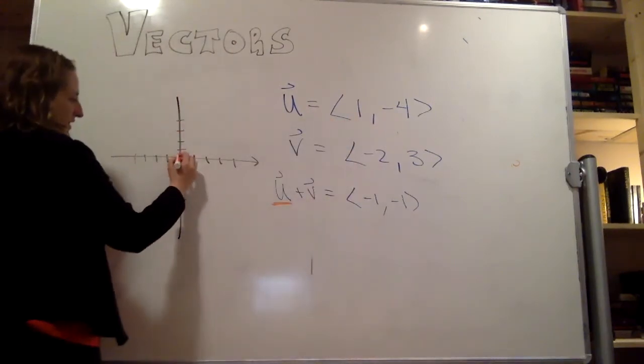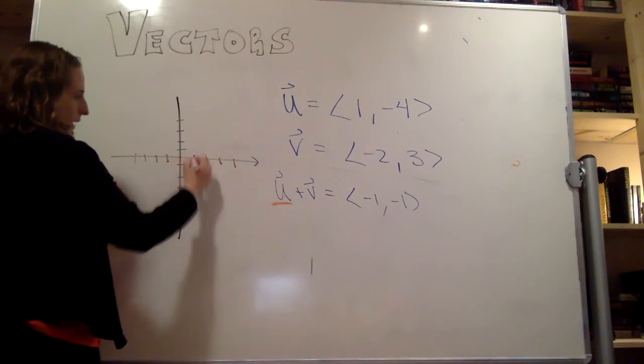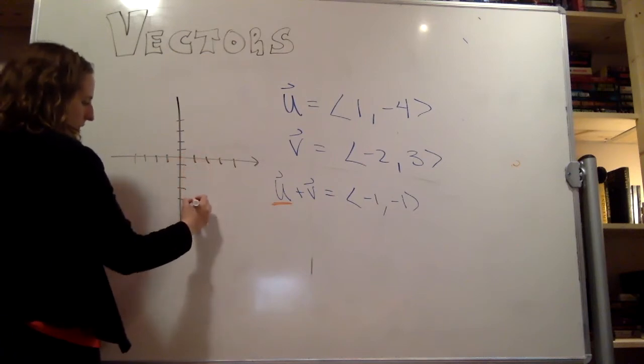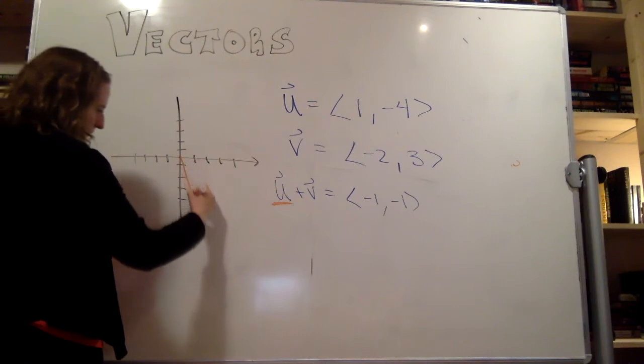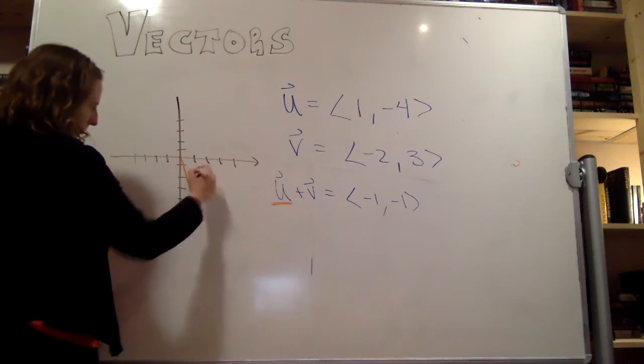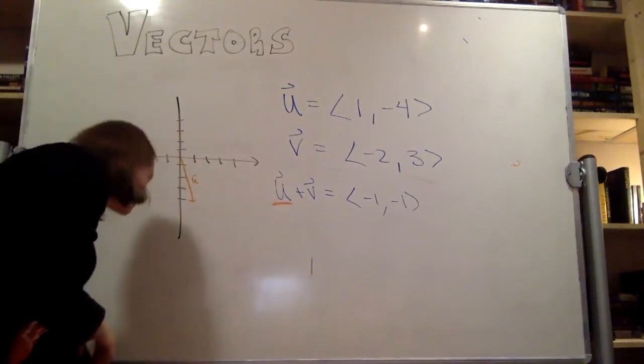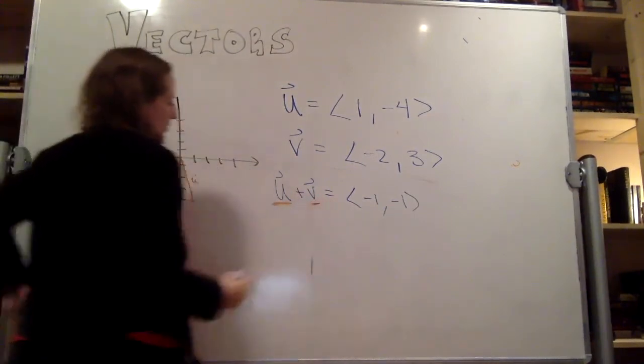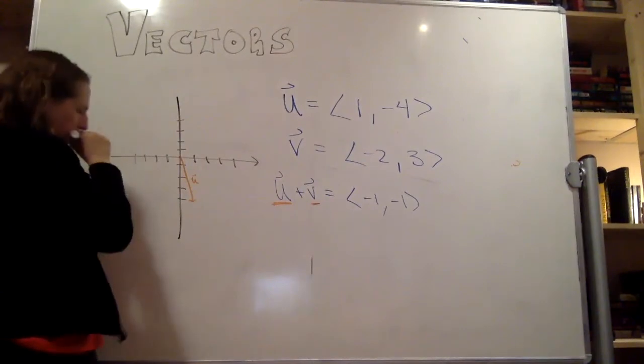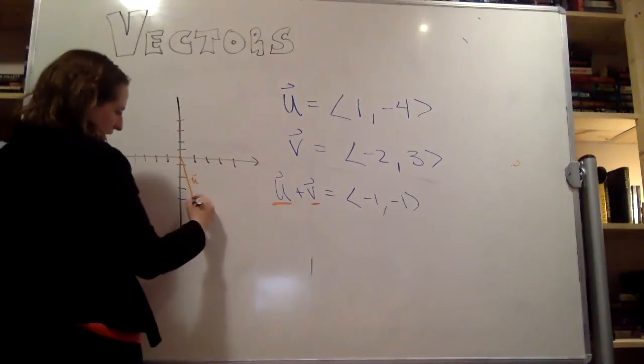So the vector that if it started here, we go over 1 and down 1, 2, 3, 4. So this would be vector u. Okay. Now we're going to attach to that vector v. When we add vectors, we add tip to tail. So the tail of vector v is going to start right here.